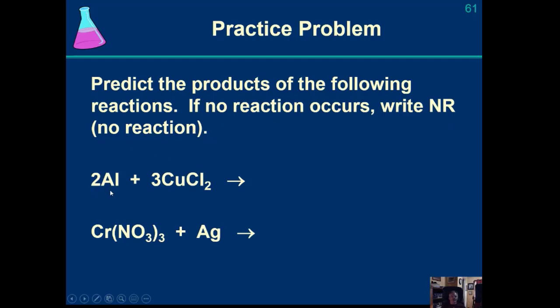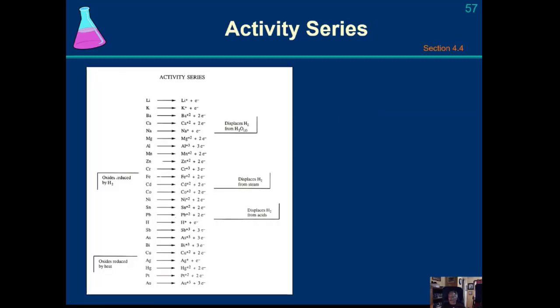We've got aluminum and we've got copper 2 chloride. So the first thing we want to do is look at the activity series. So here's the activity series. We're going to take a look at aluminum, and copper is way down here. Well, aluminum is a much more active metal.